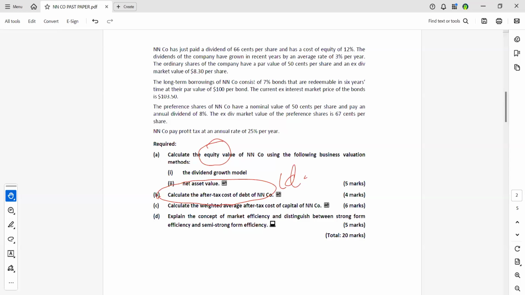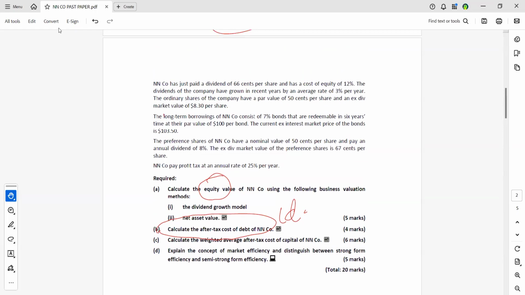Now, in calculating the after-tax cost of debt, what we need first of all is the information. Now, this is where we have some information here. They are saying that the long-term borrowings of NN Co consist of 7% bonds. So with bonds, here it is a redeemable bond, 6 years.